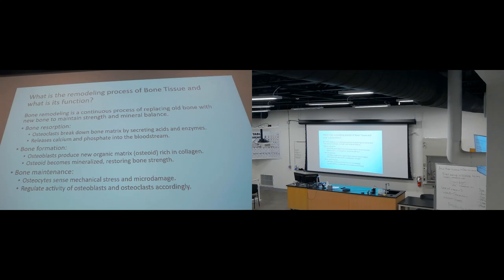So here are some requirements for bone formation. You require proteins to make the collagen fibers, calcium and phosphate to mineralize these collagen fibers. You need vitamin D to absorb the calcium, and you need vitamin C to hydroxylate the collagen. So these are nutritional requirements.